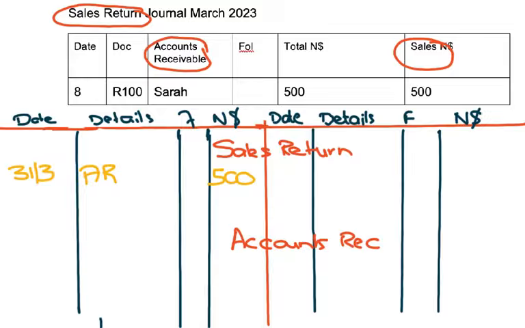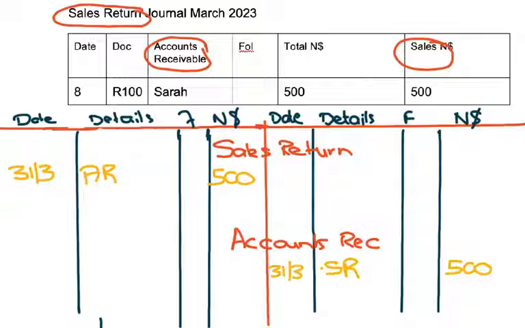If I look at accounts receivable, that is a debtor, normally increase on the debit side, but now that Sarah returned goods to us, she owes us less, so it will decrease, in other words, and that will happen on the credit side. My details refer then to my contra account, and I have my date.